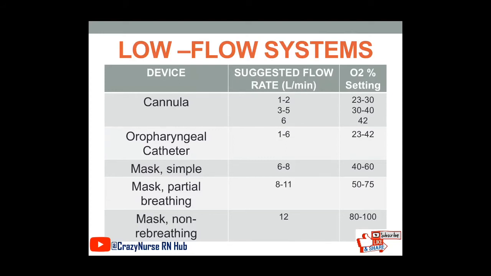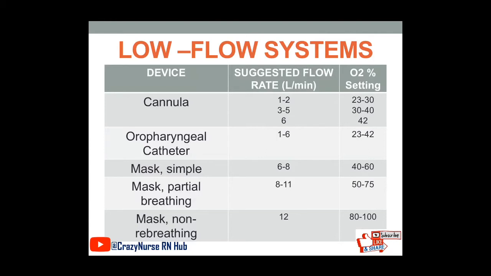There are also some types of cannula that could deliver 3 to 5 liters per minute, giving between 30 and 40% oxygen concentration. We also have cannulas that could deliver 6 liters per minute, giving 42%.